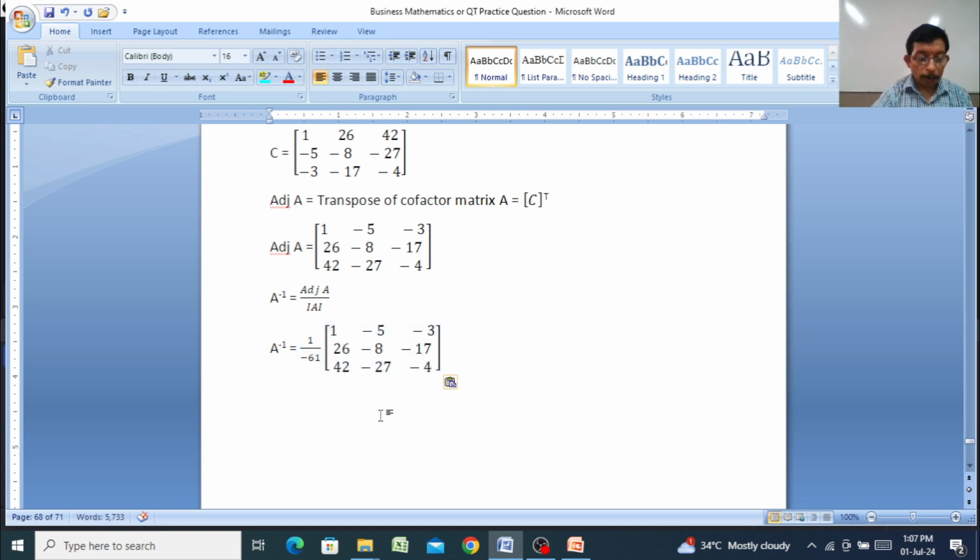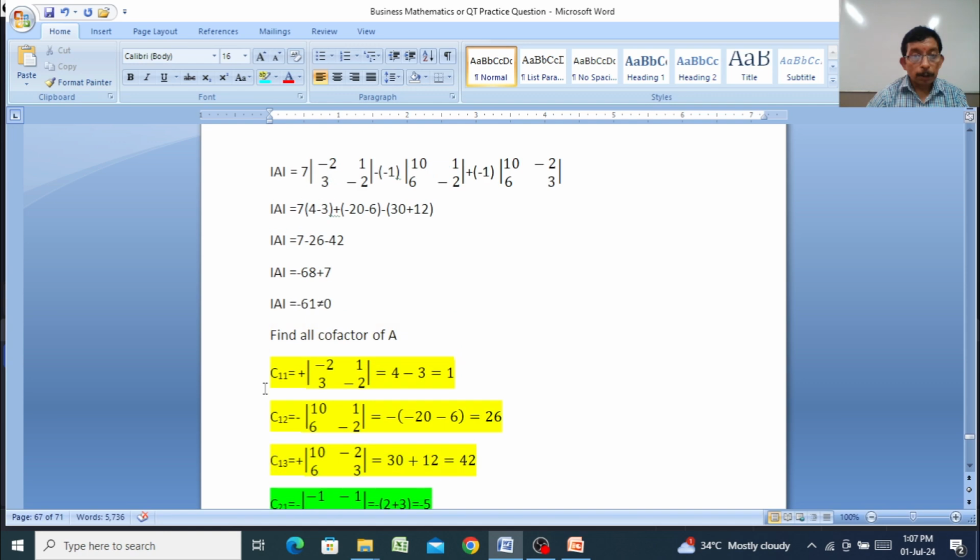Now from equation 4, equation 4 is given here.